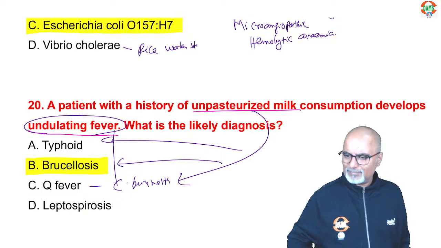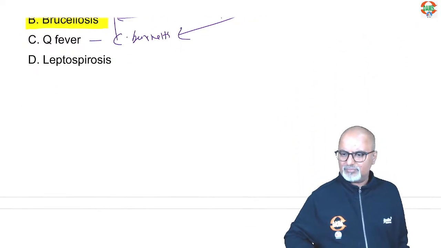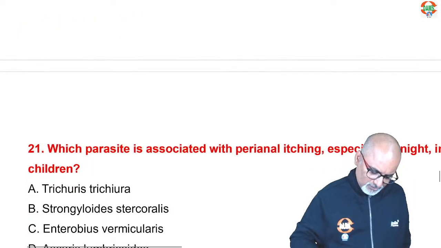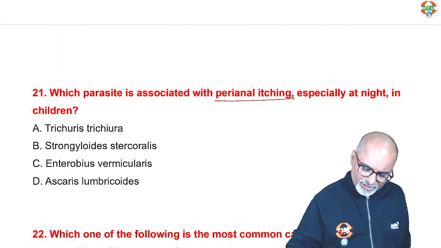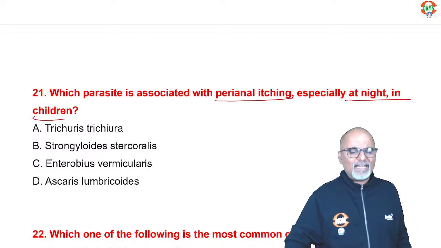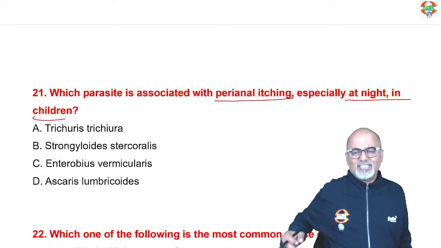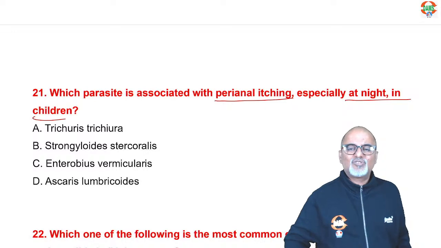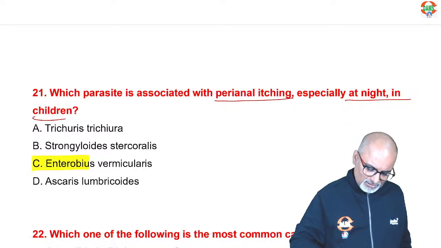Next is, which parasite is associated with perianal itching, especially at night in children? Perianal itching, especially at night, keeping the finger in the mouth leads to auto-infection, is Enterobius vermicularis.